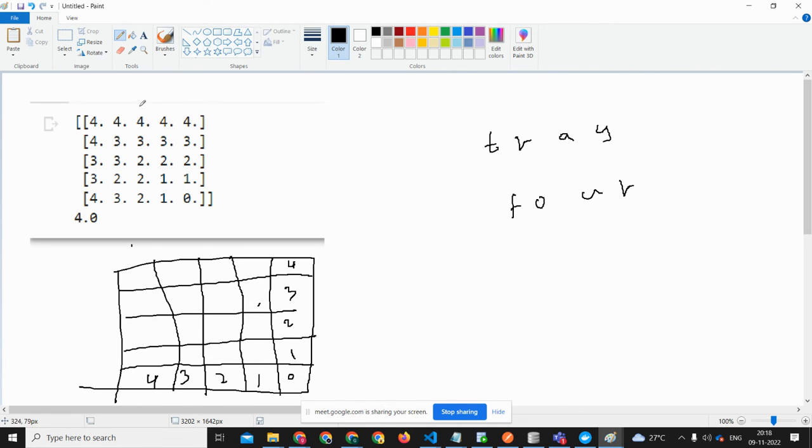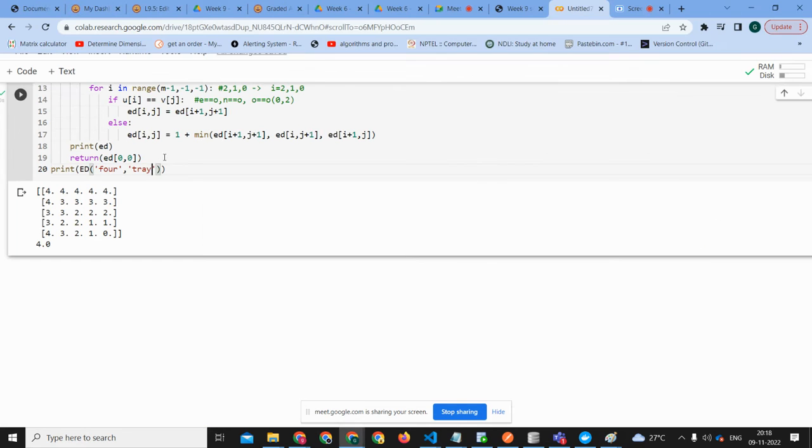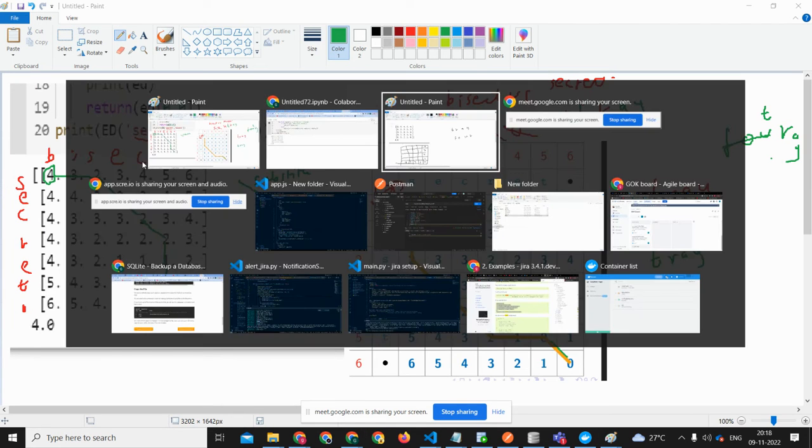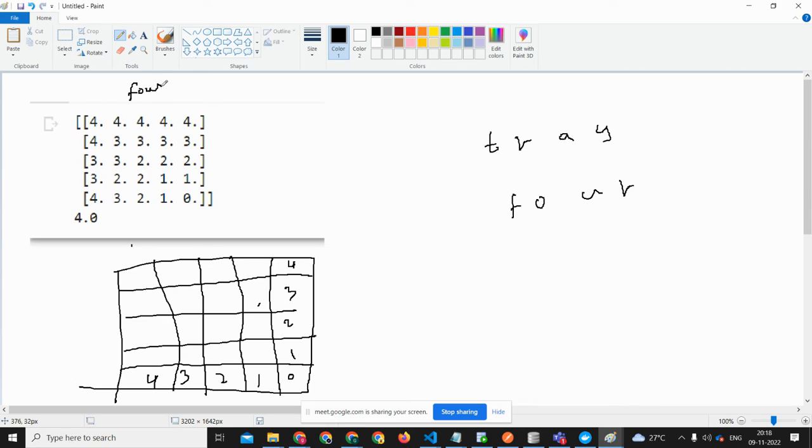The input was 4 and tray, so 4 comes on the left hand side and tray comes on the top. So we'll do the same thing: tray here, 4 here.